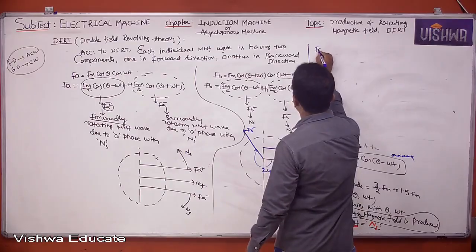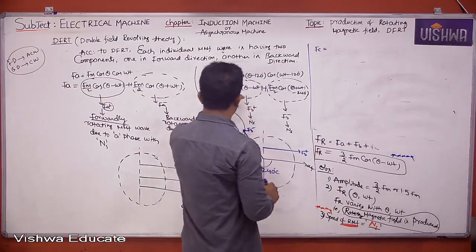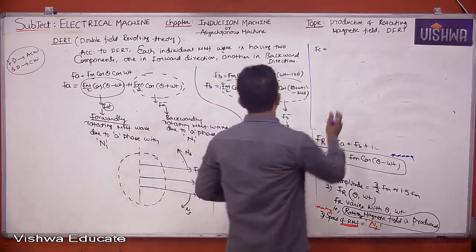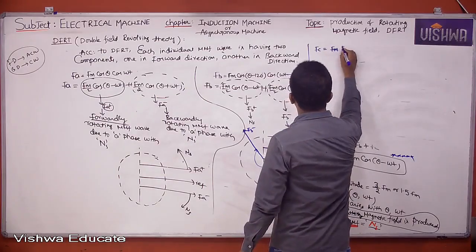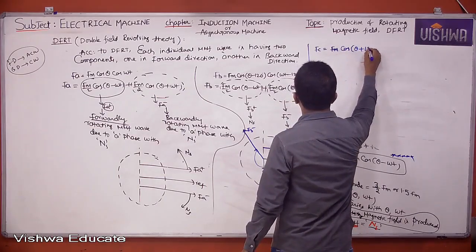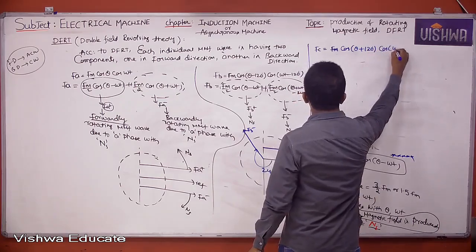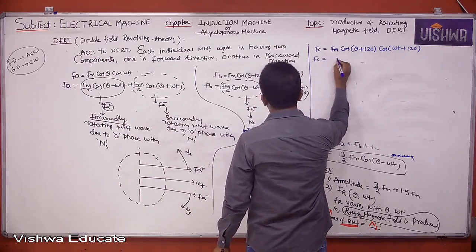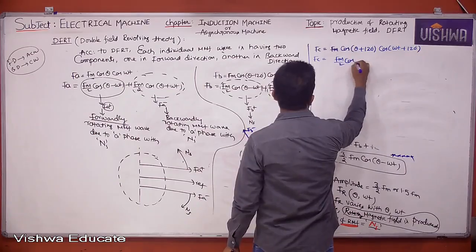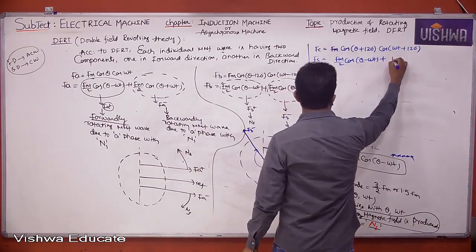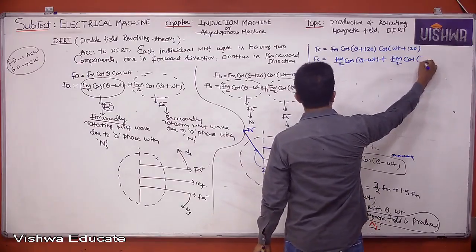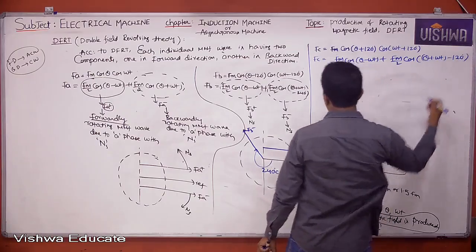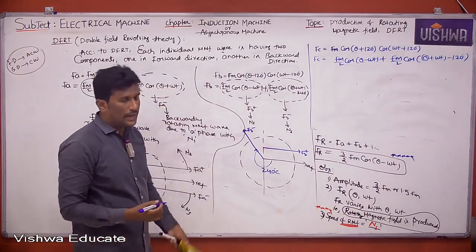FC is equal to FM cos of (theta plus 120) cos of (omega t plus 120). So this can be written like this: FM by 2 cos of (theta minus omega t) plus FM by 2 cos of (theta plus omega t minus 120).